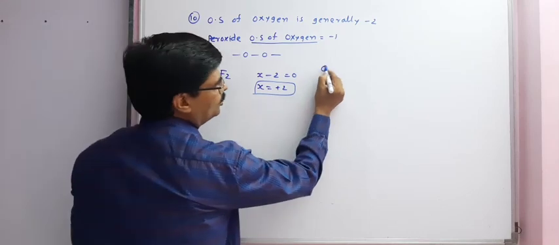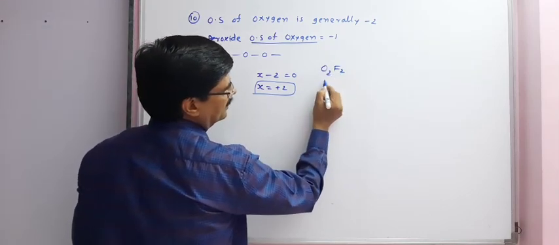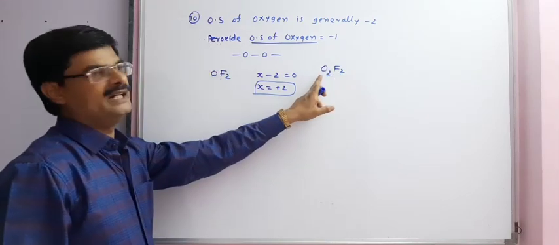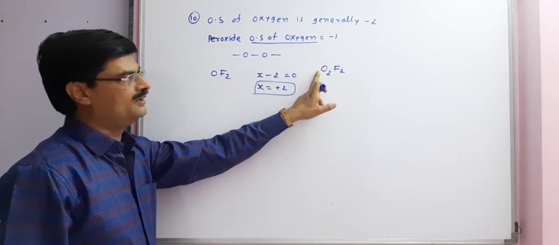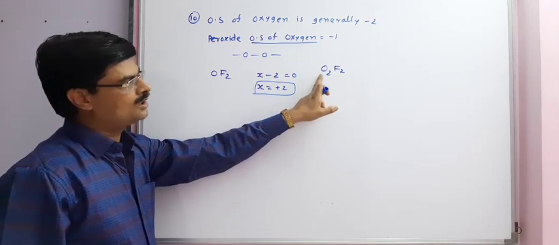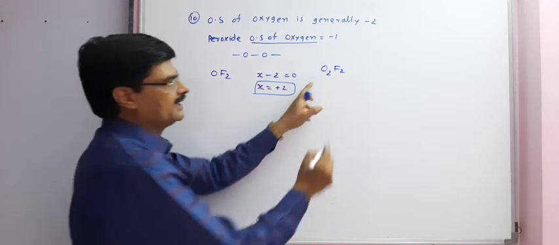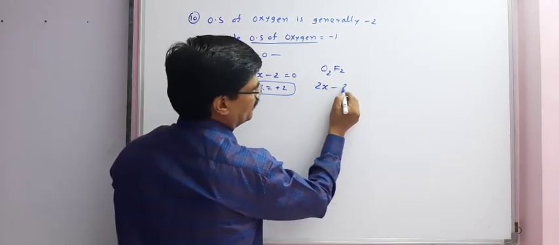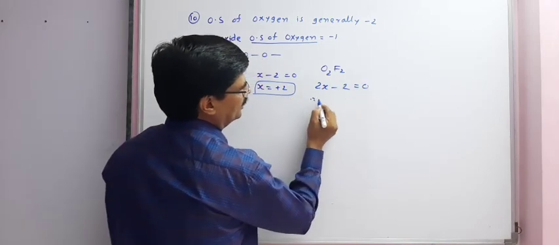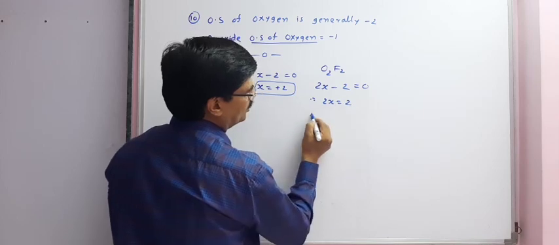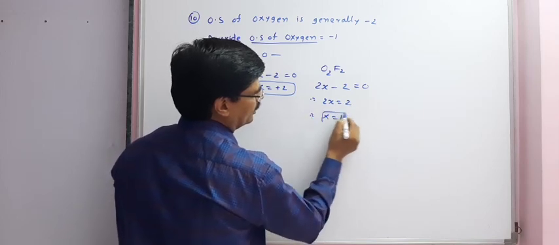Same way O2F2: for oxygen, we say X. Total number of oxygen atoms is 2, that is why 2X - 2 = 0. Therefore 2X = 2, so X = 1.